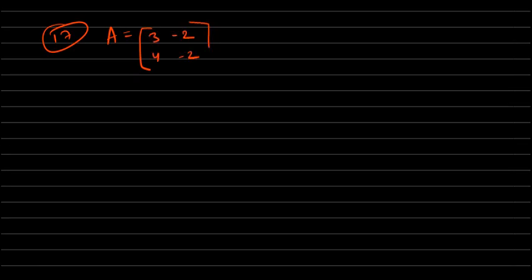And you know that the identity matrix will be similar to the given matrix. If it is a 3 into 3 matrix, the identity will be 3 into 3. If it is 2 into 2, the identity matrix will be a 2 into 2 matrix. So even though they have given a 2 into 2 matrix, we need to find K, where our given condition is A square is equal to KA minus 2I.